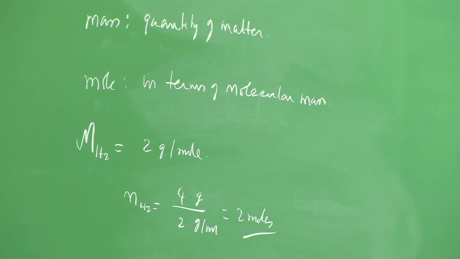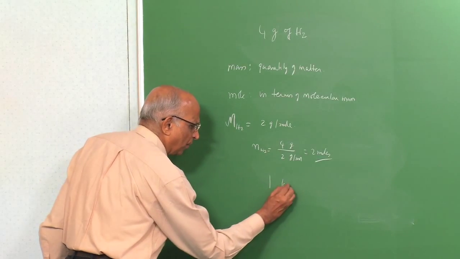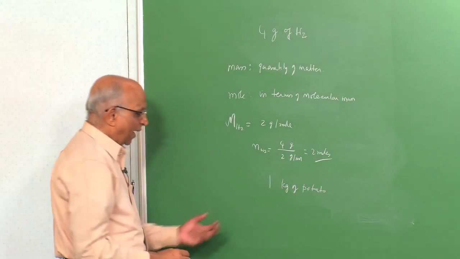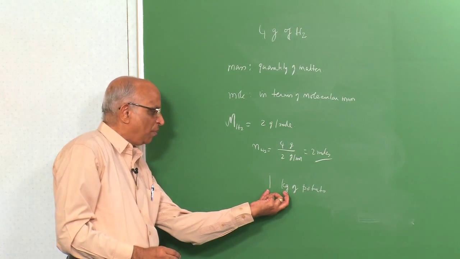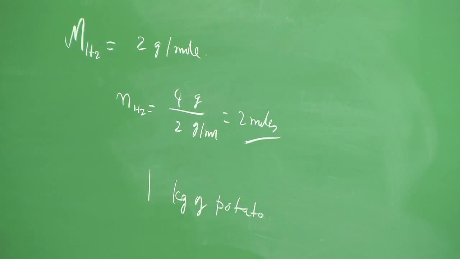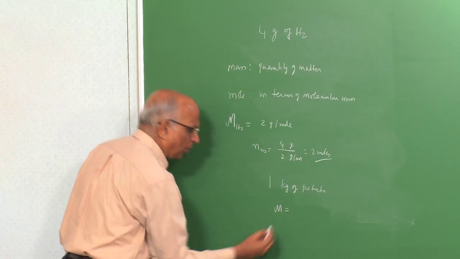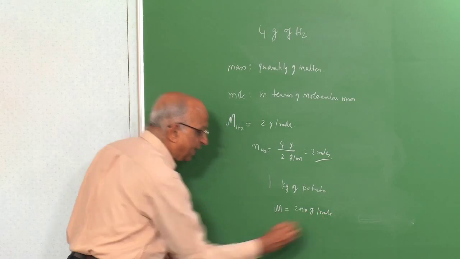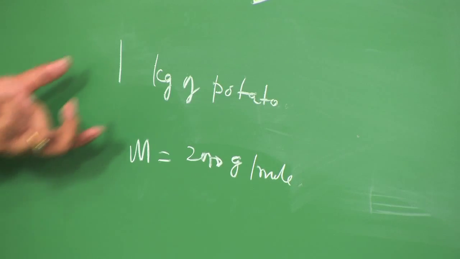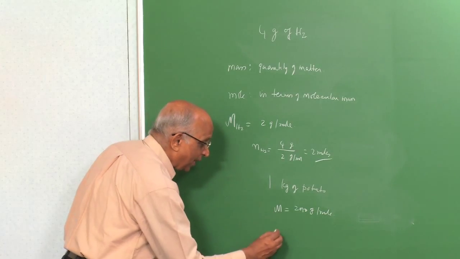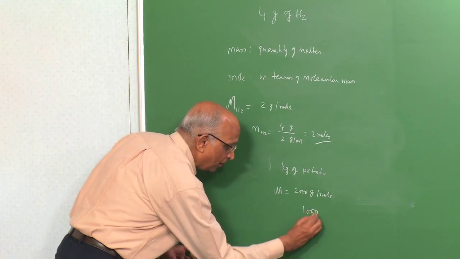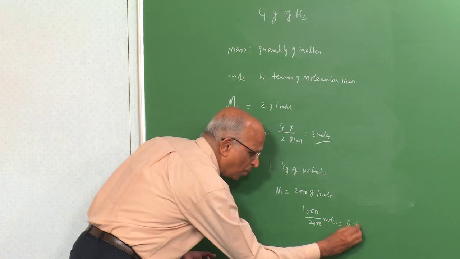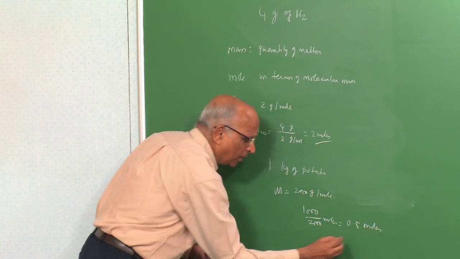Well, I go to the market, I want to buy, let us say, 1 kg of potato. The quantity I want to buy is 1 kg. If I say that the molecular mass of potato is something like 2000 grams per mole, I can as well tell the shopkeeper, maybe if he is smart he will understand it, I need to buy 1000 divided by 2000 moles of potato, which is equal to 0.5 moles of potato.